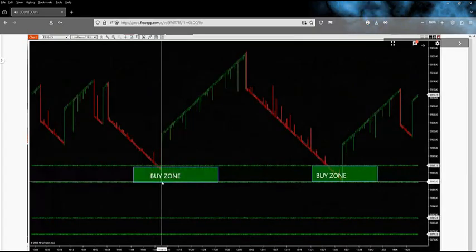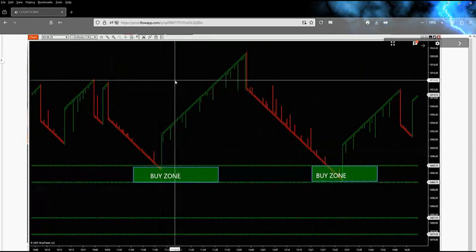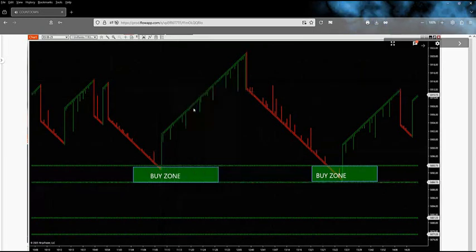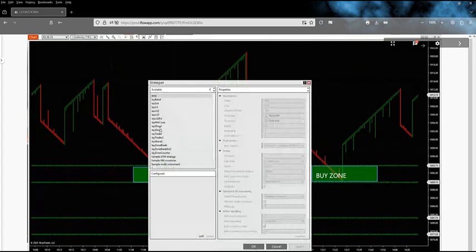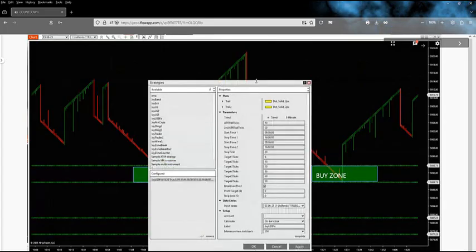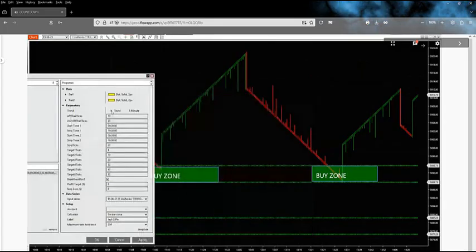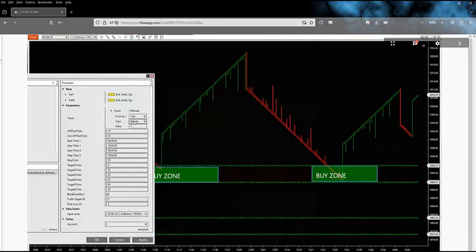Now, what if you wanted to run a strategy at these 200 and 100 zones? Then you're going to have to set up a strategy at these 100, 200 zones. So what you would do is go into the strategy and put in these as your zones.